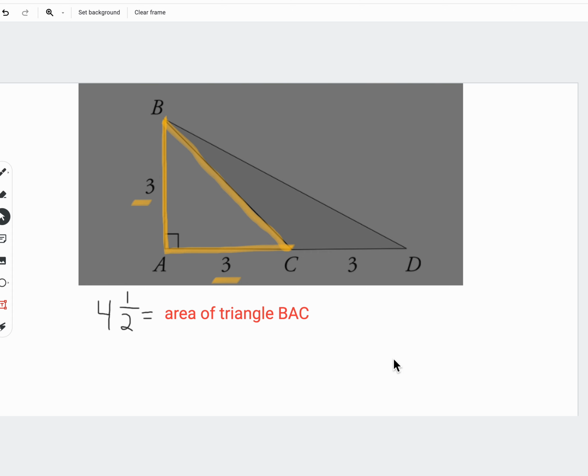Now let's think about triangle BCD. It isn't a right triangle, so finding the height will involve a little more thought.